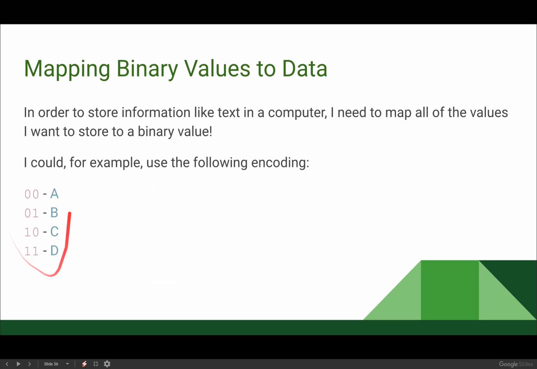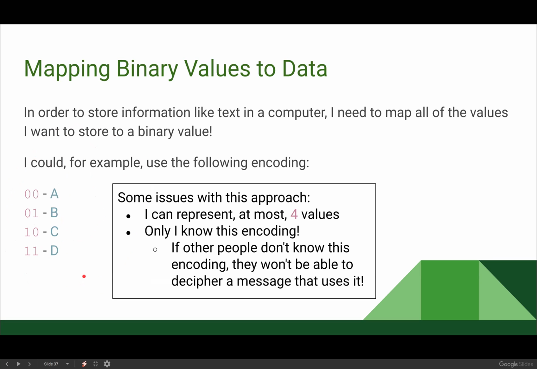However, there are some problems with this encoding. First off, there are only 4 values I can represent here. That is not a huge amount of information that I can use to encode. So there's not many messages I could send that only take 4 characters, or for a sequence using 4 different characters.